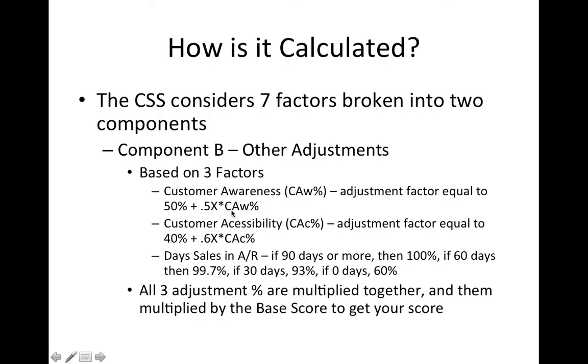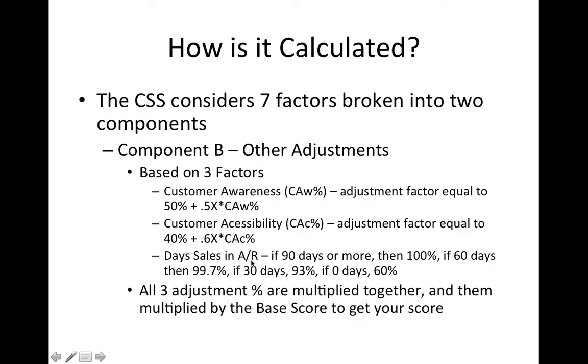So 50% plus 40, you'd get an adjustment factor of 90% there. Let's say your customer accessibility is 50%, then the factor would be 40% plus 0.6 times 50%. 0.6 times 50% is 30, plus 40 is 70. You'd get an adjustment factor of 70. Just using that as an example.